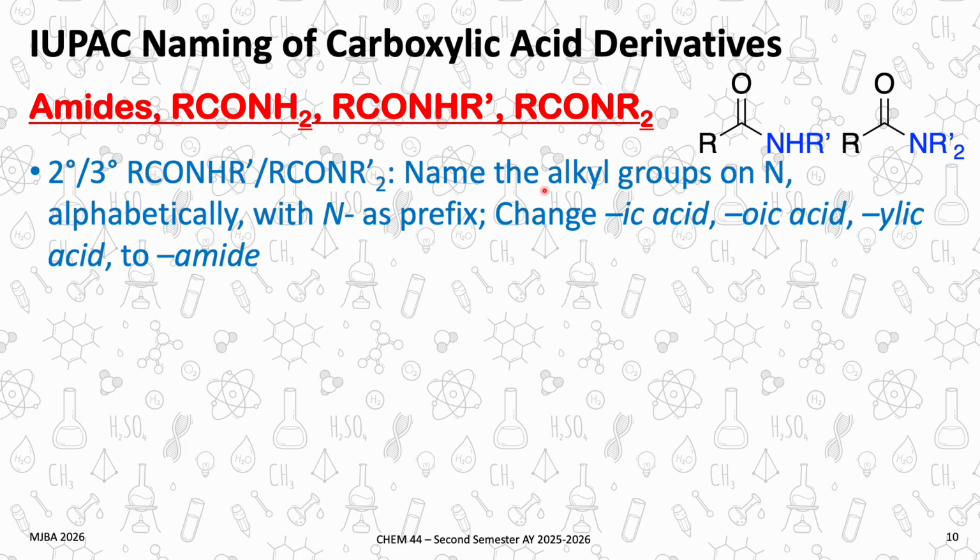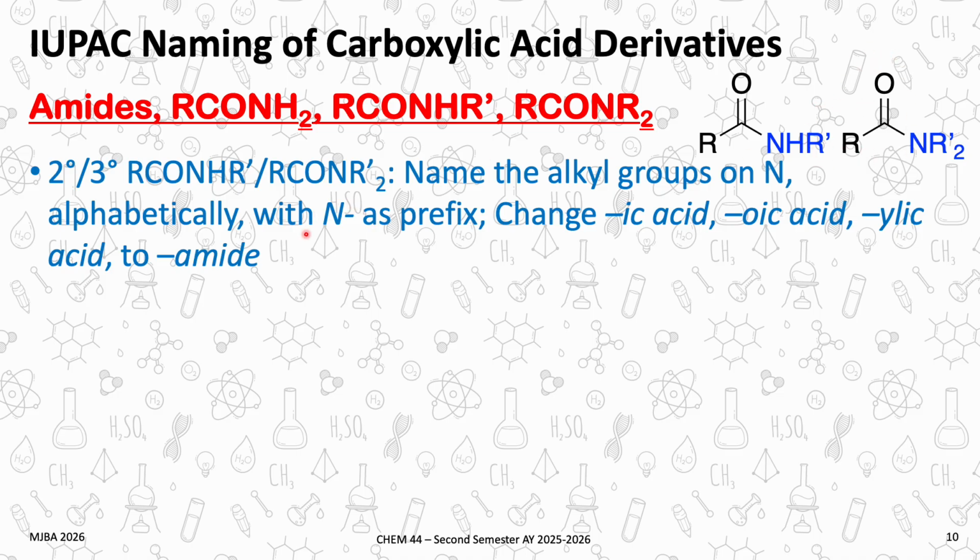So what is important here is to name the alkyl groups on the nitrogen separately, especially for the tertiary amide. So name the alkyl groups, present them alphabetically, and indicate that those alkyl groups are on the nitrogen rather than on the part of the carboxylic acid.